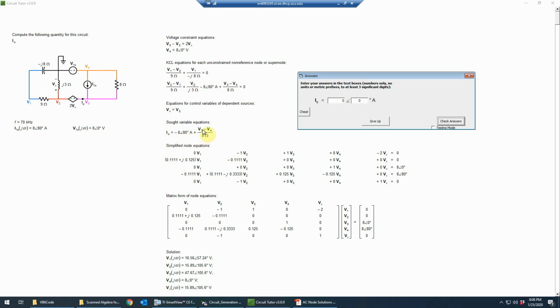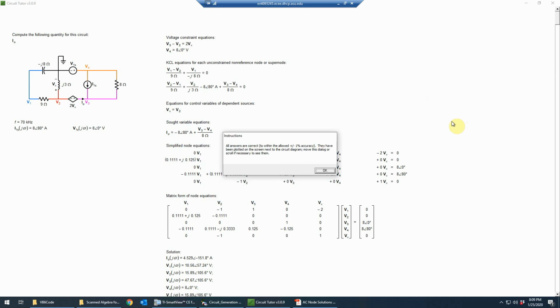And then you'd add to that, again, of course, make sure you have parentheses around the V3 minus V4, and that would be this value minus just 8, really, you can enter. And then all that parentheses divided by the 8. And when you evaluate that, that will give us 4.529, angle minus 151.8 approximately. And so we'll check that. And that is correct.